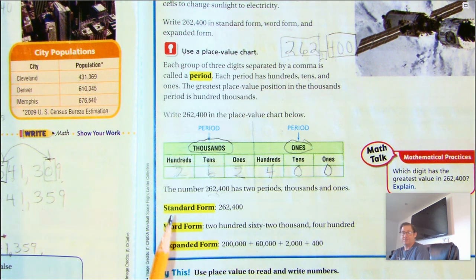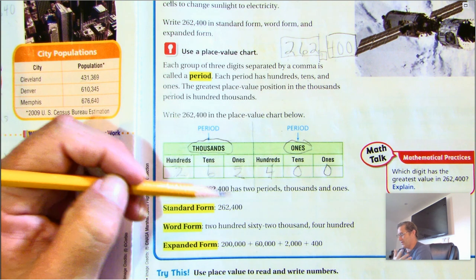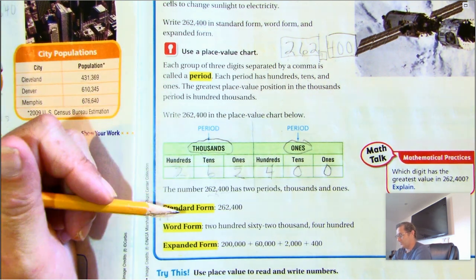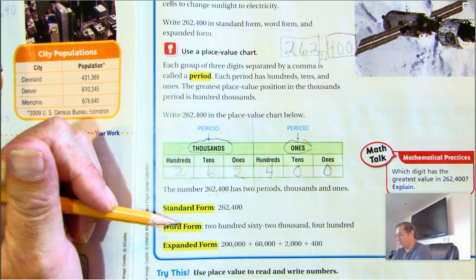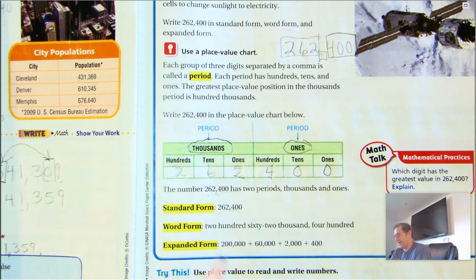Standard form means how do the numbers appear? How do you write them with their numerical value, using numbers? So here we just write it out exactly like it's written. Now 262,400 in word form.